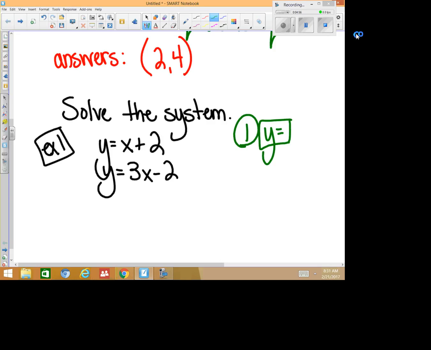You can put a square around it because that's a button on your calculator, right? So y equals, and then type in equations. It's going to be a graph. It should be 2 lines. One's blue, one's red. Yes, we want them different colors. Go ahead and type yours in. Type in equations.